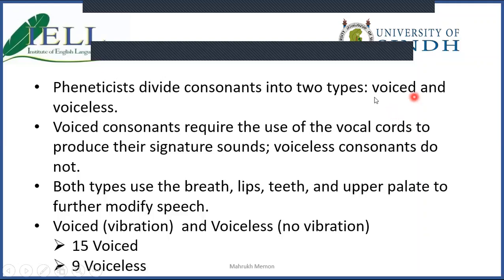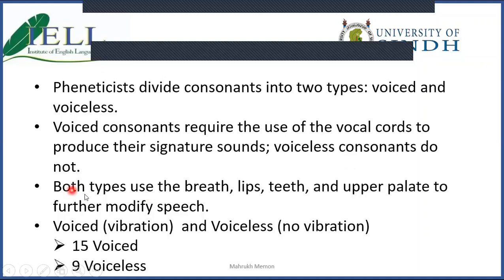If the vibration is absent, the sounds are called voiceless. Voiced consonants require the use of vocal cords to produce their signature sounds. Voiceless consonants do not. So when the vocal cords are involved in the production of a sound, that sound is categorized as a voiced sound. Otherwise, it is called voiceless.